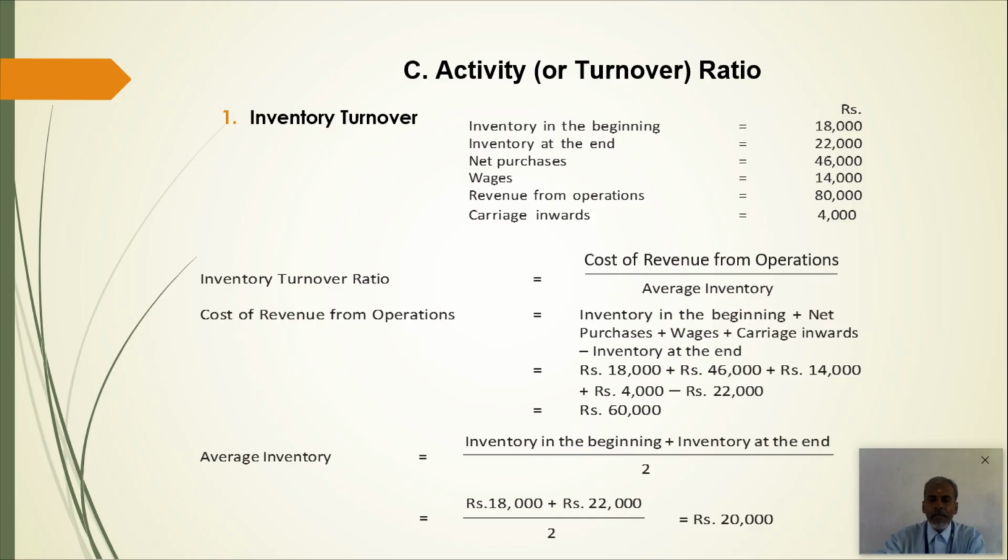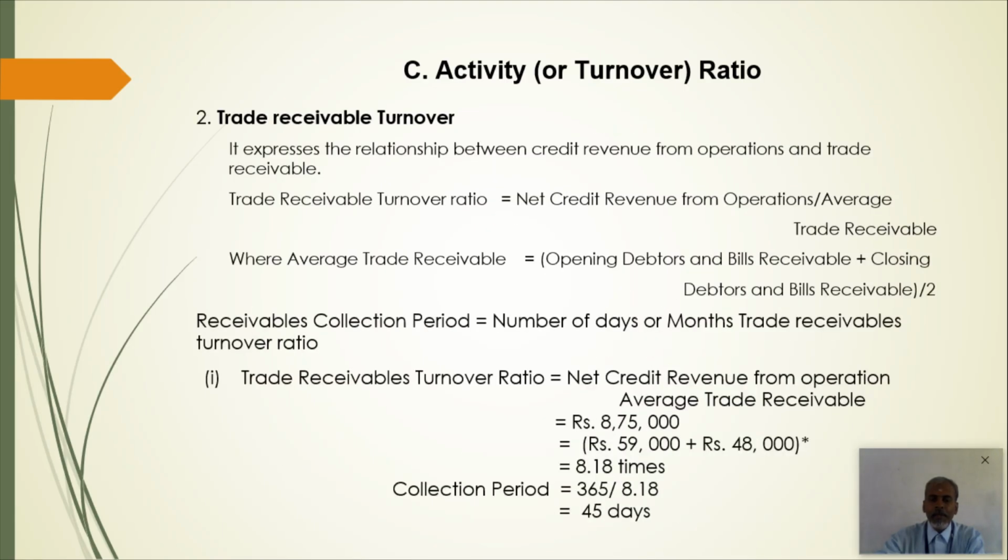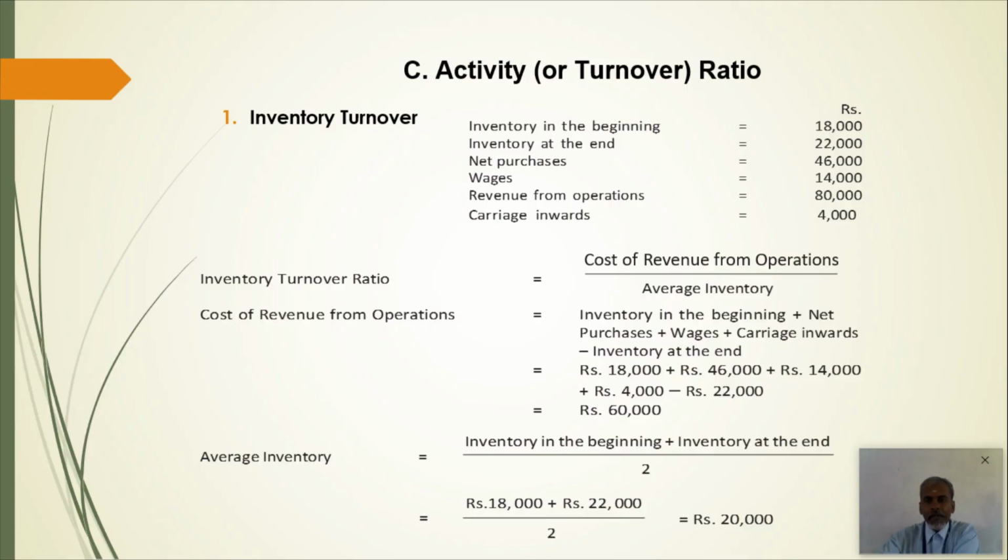So that is how inventory turnover ratios are calculated. And one more thing to add to inventory turnover ratio, this ratio is an indicator of how many times we have turnover in a year.